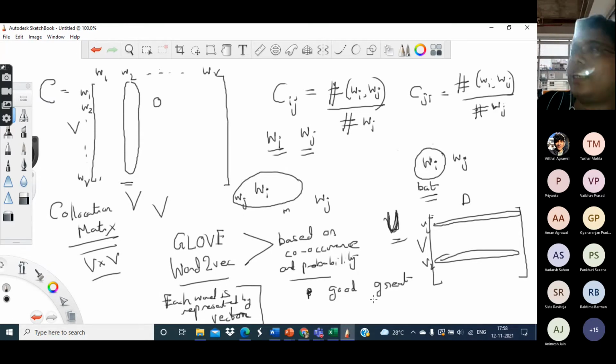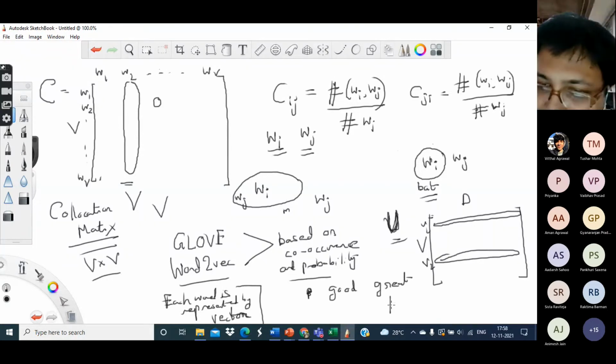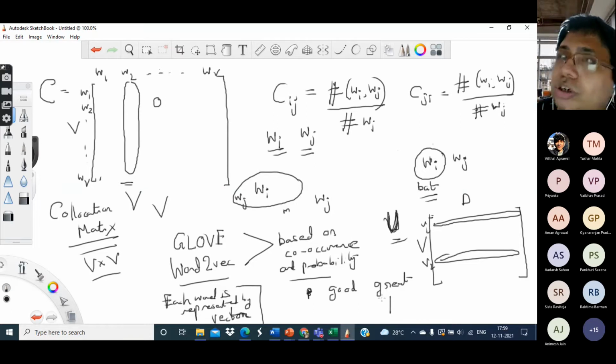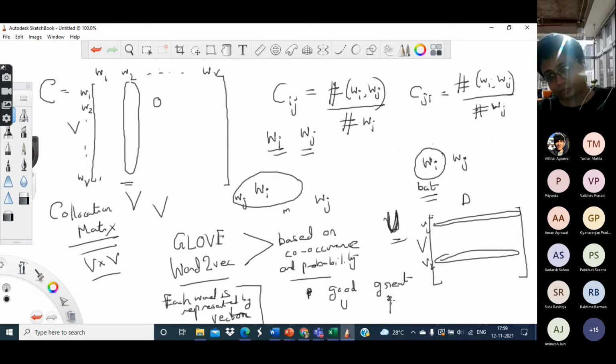What is meant by two vectors being similar? It can mean many things. It can mean something like their cosine similarity. You know what the cosine similarity of two vectors is. So let us say that the word good is represented by vector u and the word great is represented by the vector v. Both are d-dimensional vectors.